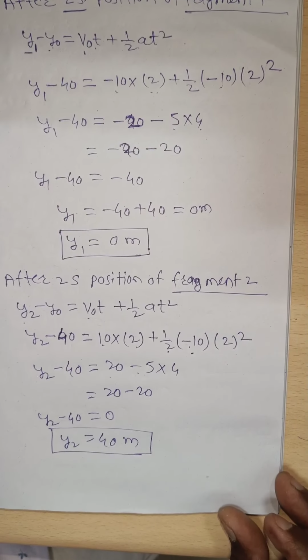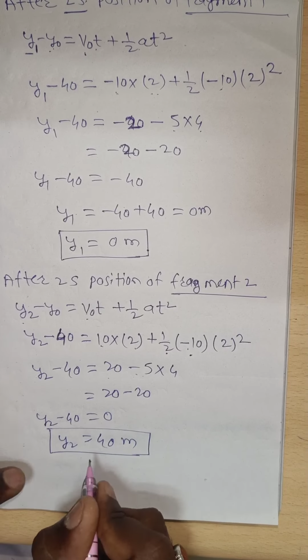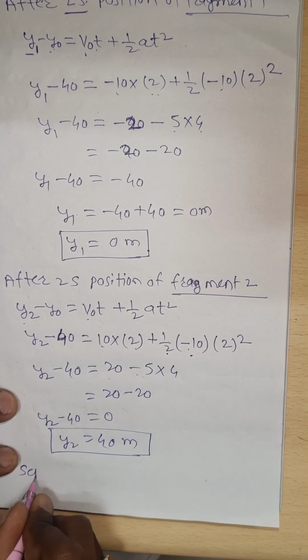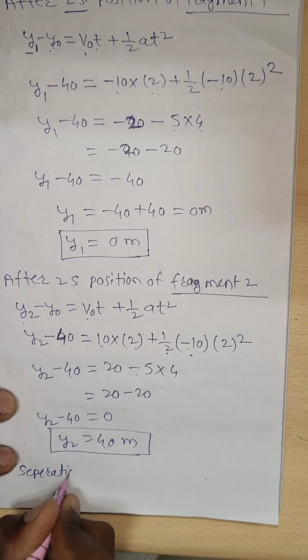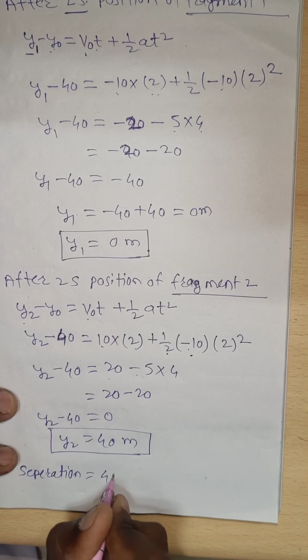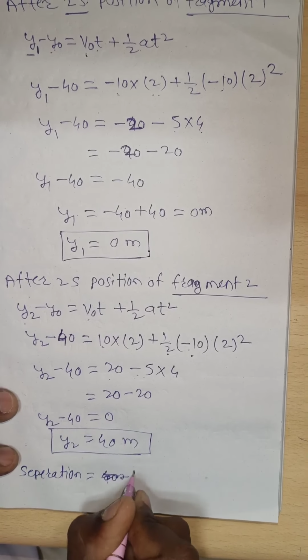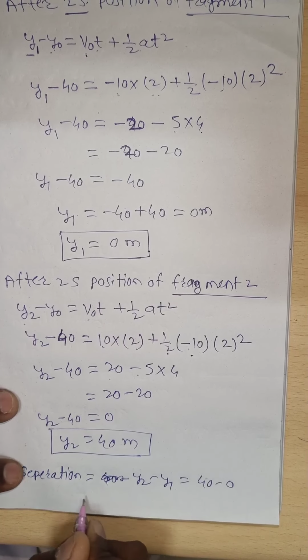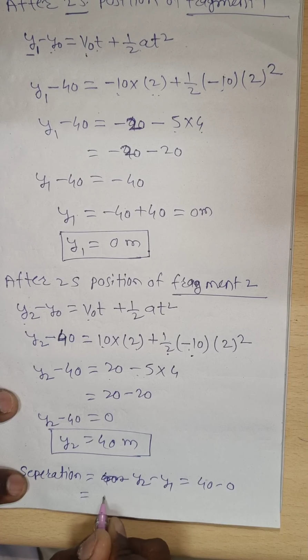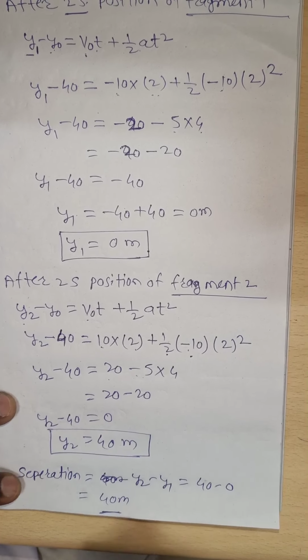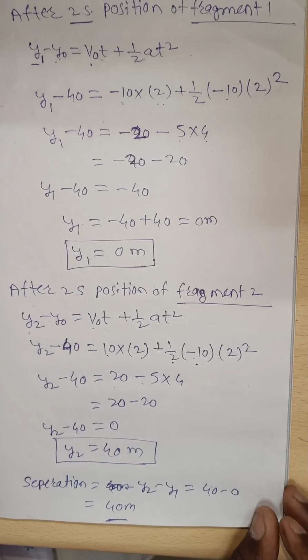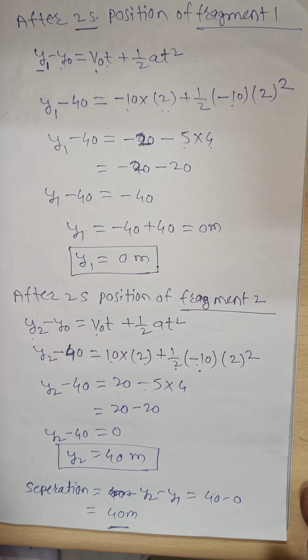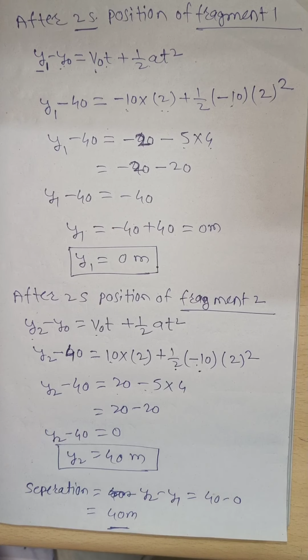Therefore the separation between the two fragments is y2 minus y1, which is 40 minus 0. Therefore the separation is 40 meters. So after the explosion, after 2 seconds, the two fragments are separated by a distance of 40 meters from each other. Now, today we have stopped here.